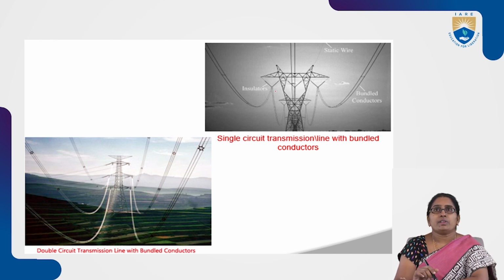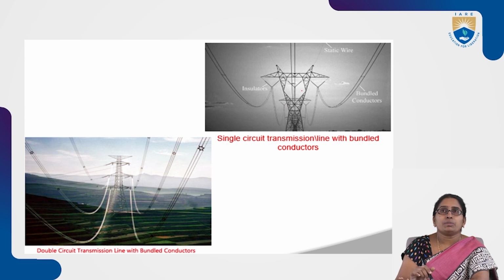Here is first a single circuit transmission line with bundled conductors. This is a single phase transmission line, consisting of only one conductor in the phase.